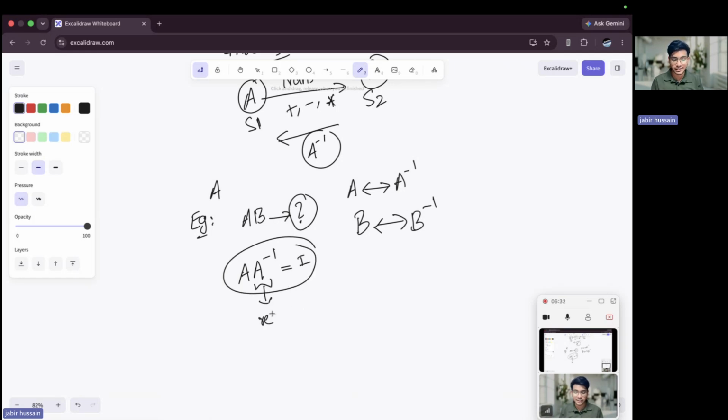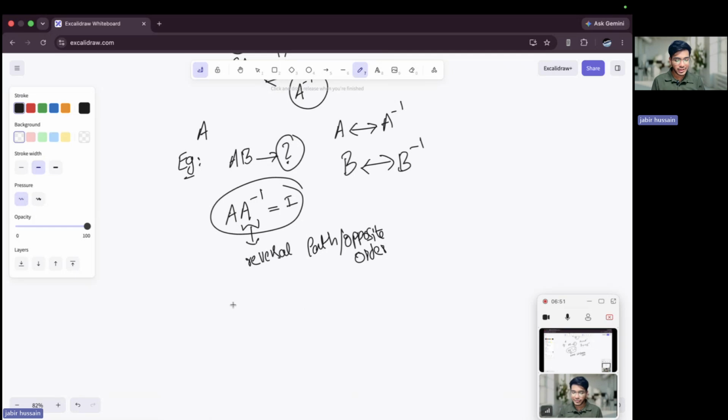And what is this A inverse? A inverse is the reversal path, or you can say the opposite order of A. If A is going in this order, then the opposite order will be the inverse of the given matrix. Now, similarly, if AB is a matrix, then what will be the inverse of this?